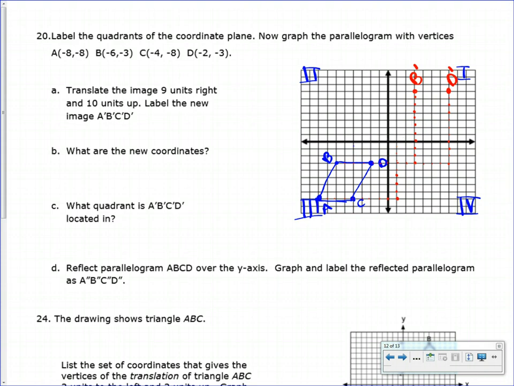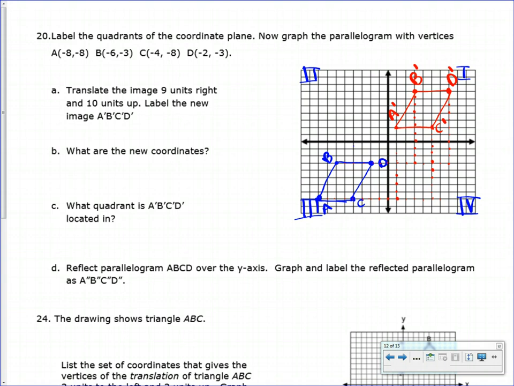One more. A prime. And C prime. So there's your new image.